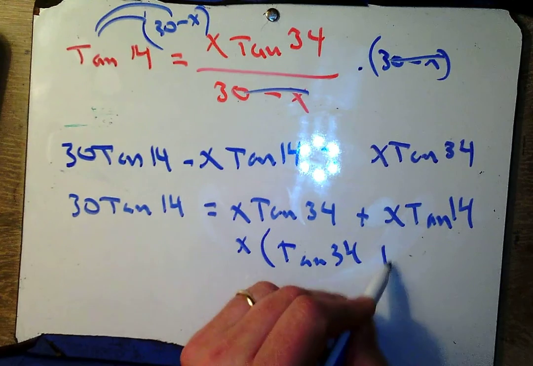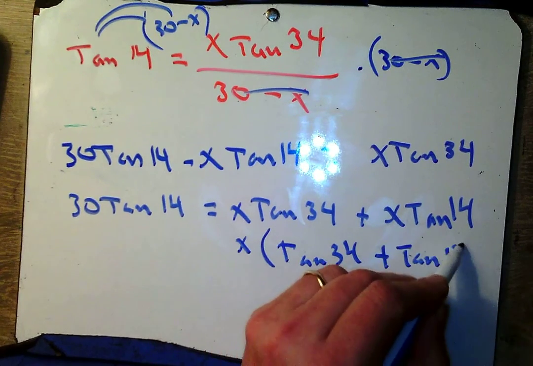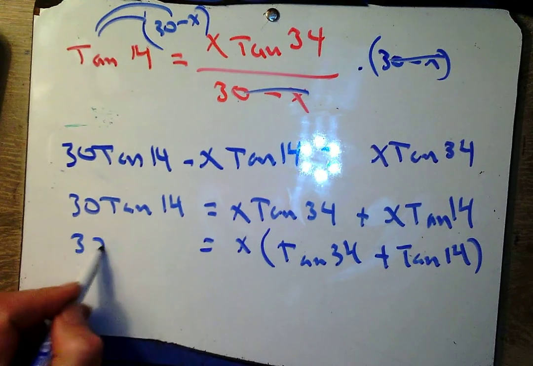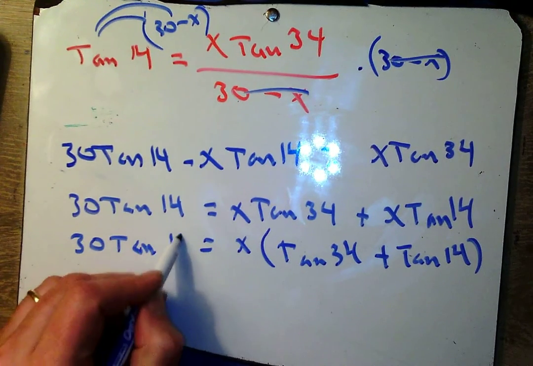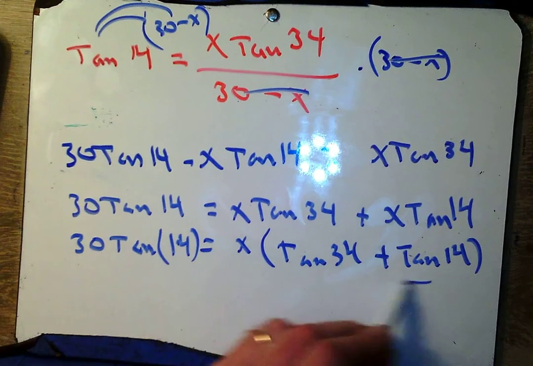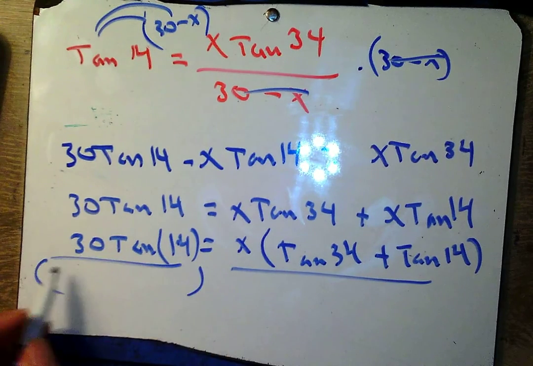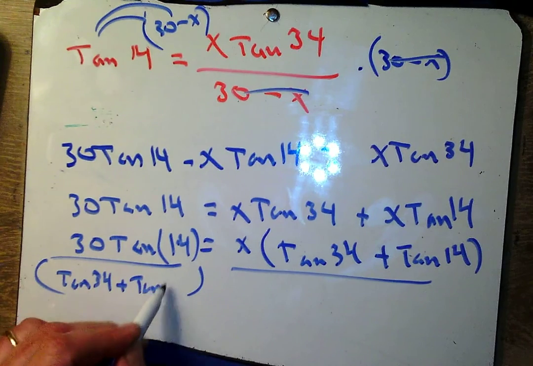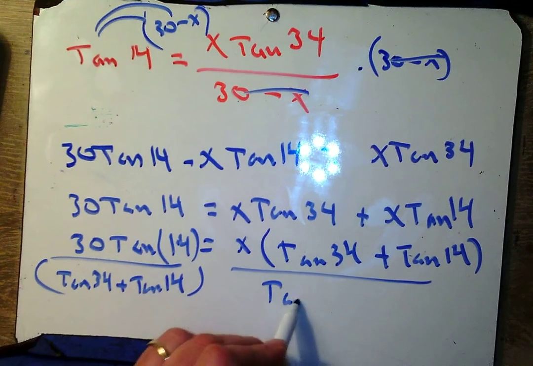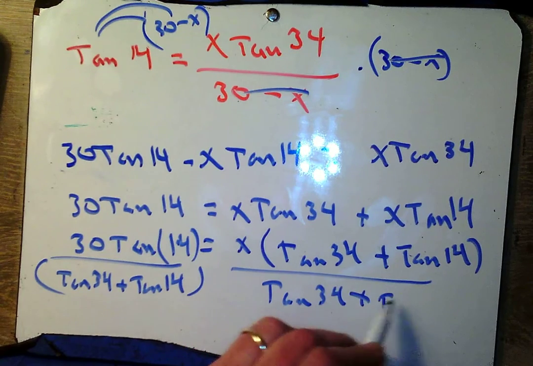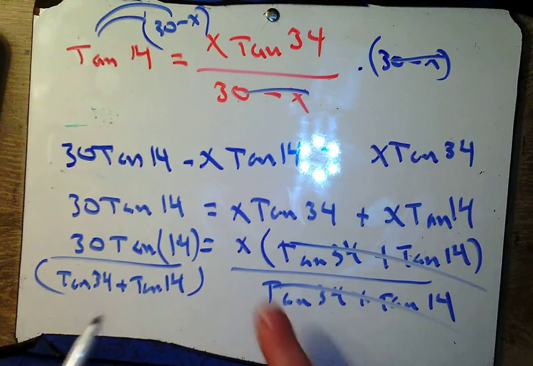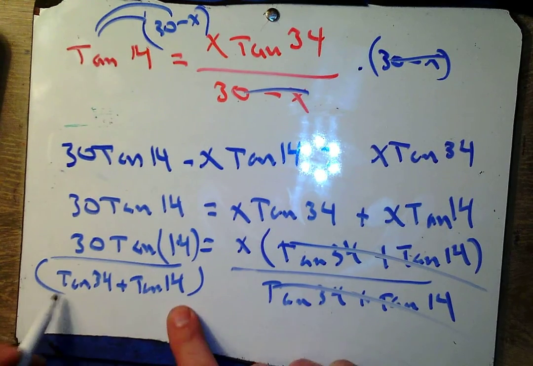Tan 34 plus tan 14. No, I still can't add those together. But I can solve this equation for x simply by dividing both sides by tan 34 plus tan 14. Okay, these cancel. x is by itself, and this.